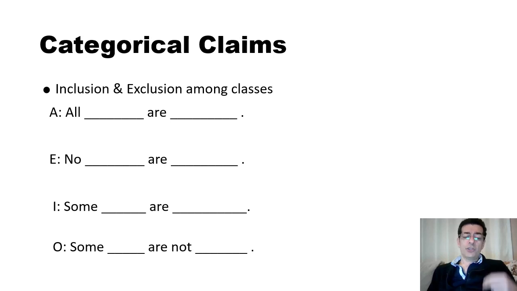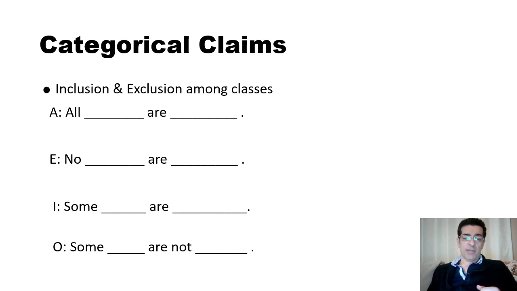Remember that what you use to fill in the subject position is called the subject term. And what we use to fill in the second blank is known as the predicate term. So what did I use in this case? I used two terms.